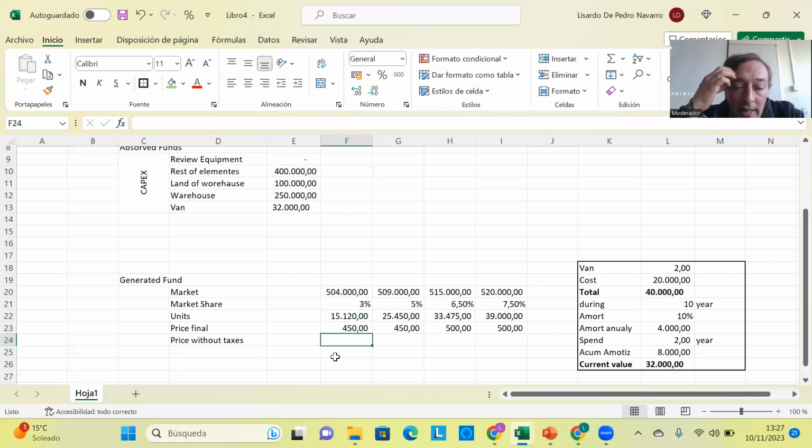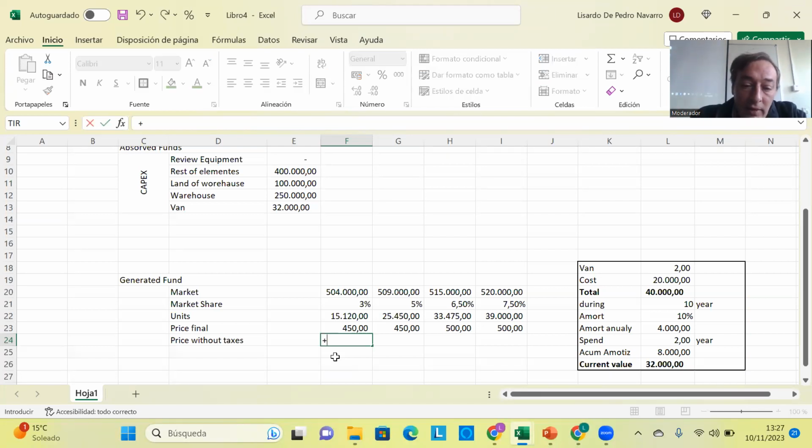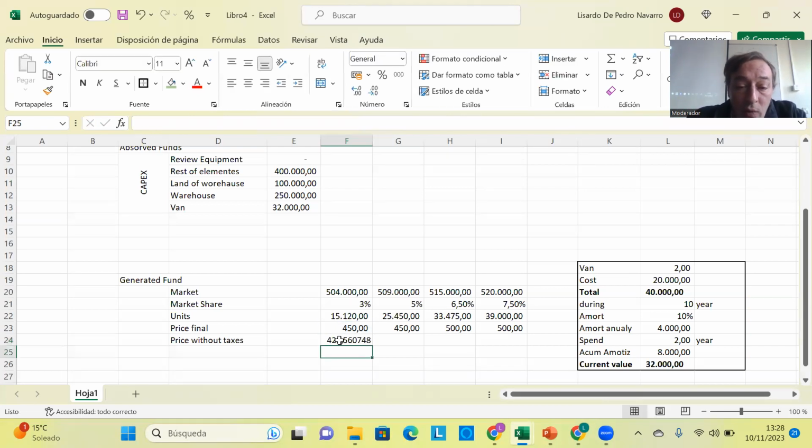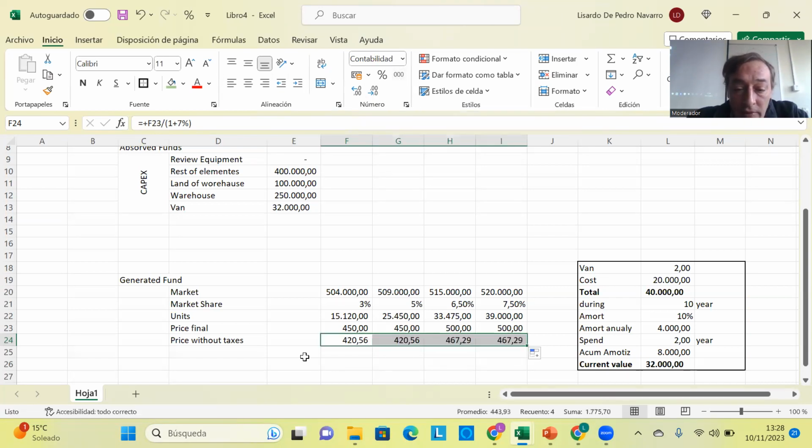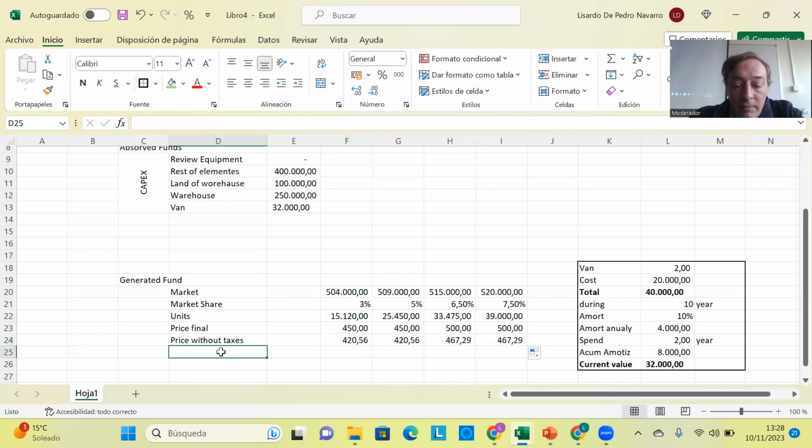In order to calculate the price without taxes, we have to divide the price by 1 plus 0.07. So the price without taxes is going to be 420.56, and if we copy this to the rest of the years, we have the result.